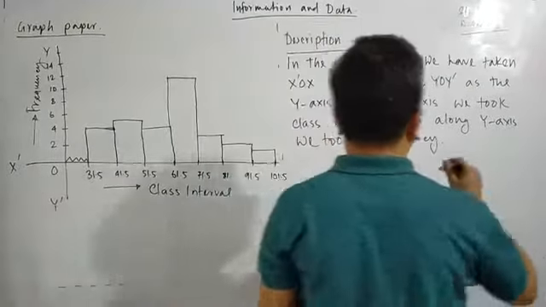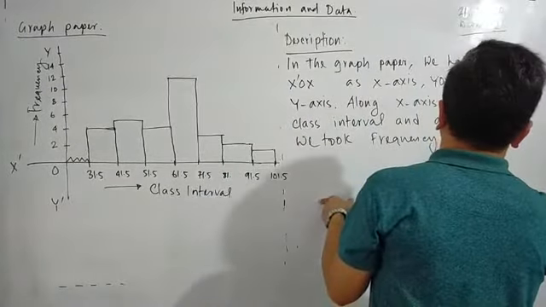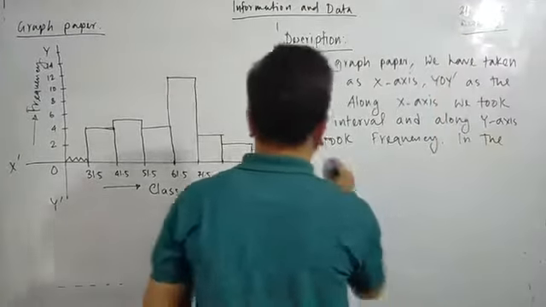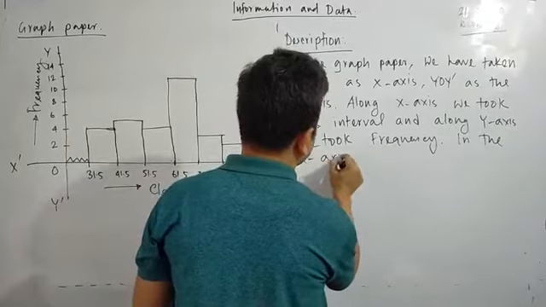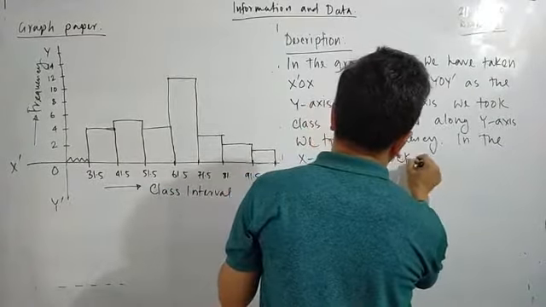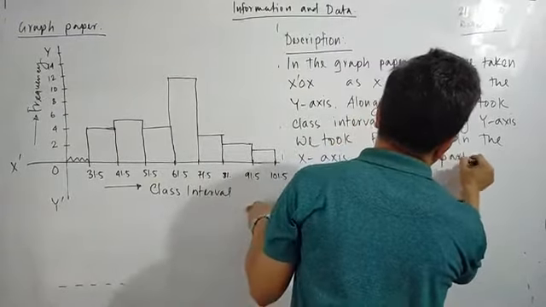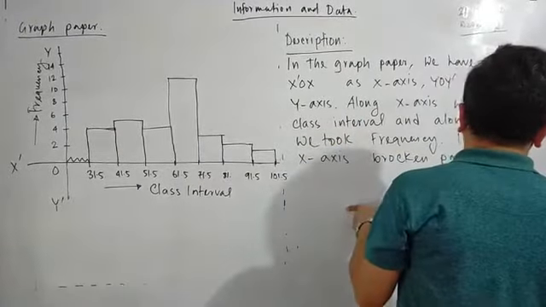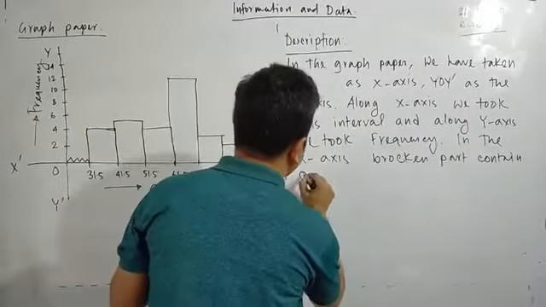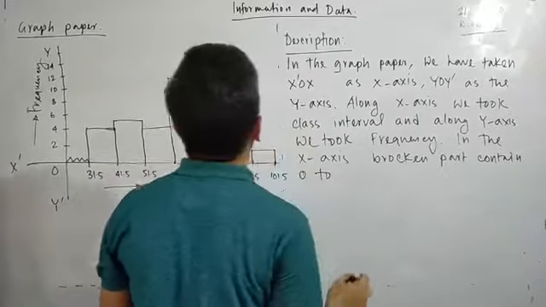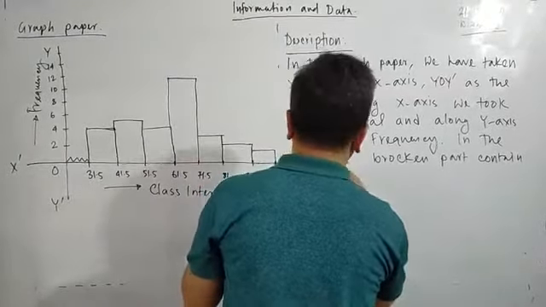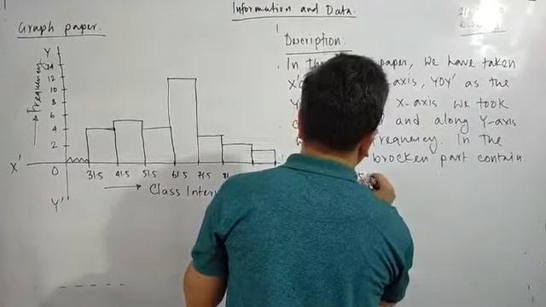And in the x-axis, the broken part contains 0 to 31, okay, 0 to 31.5.